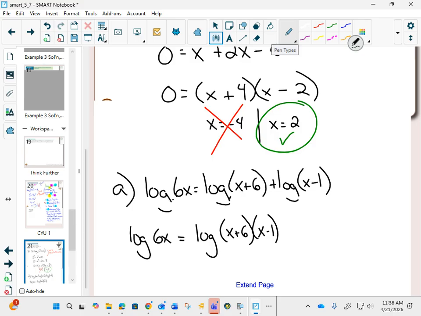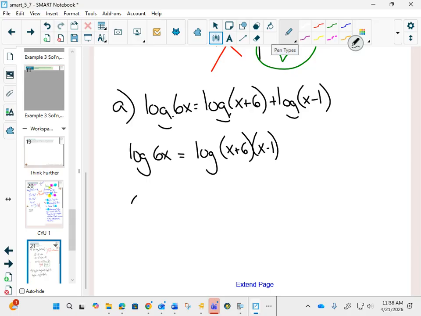But do I have a single logarithm? No, I have one on one side still and one on the other. I need to combine it to a single logarithm. So in this case, to get a single logarithm, I'm going to have to move this over to the other side.